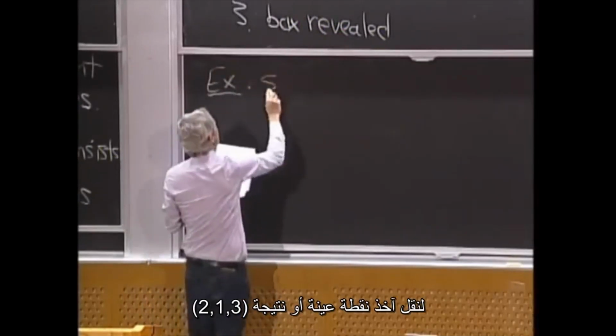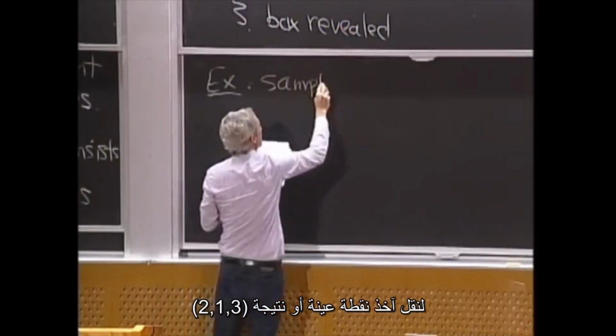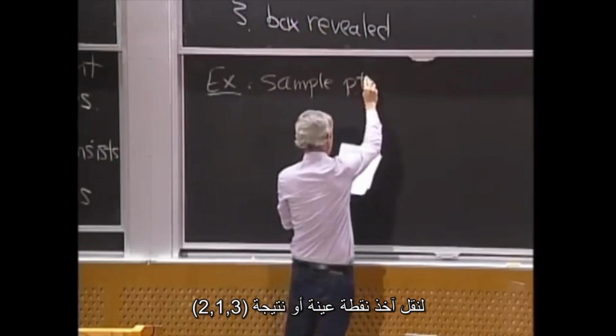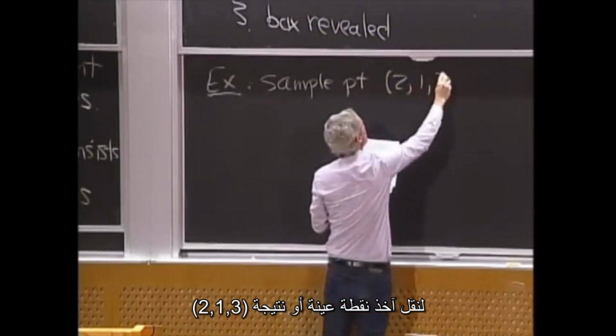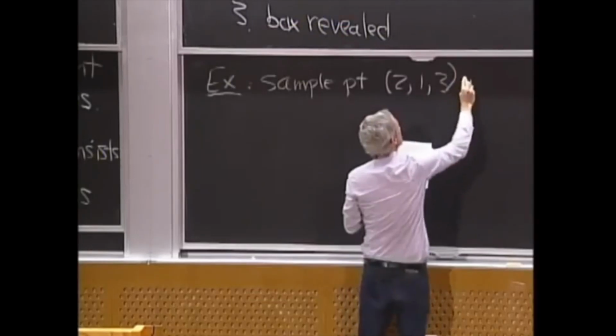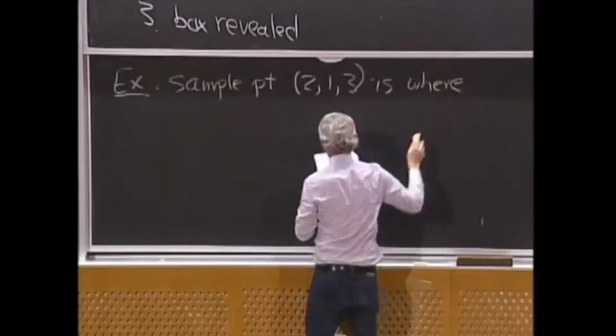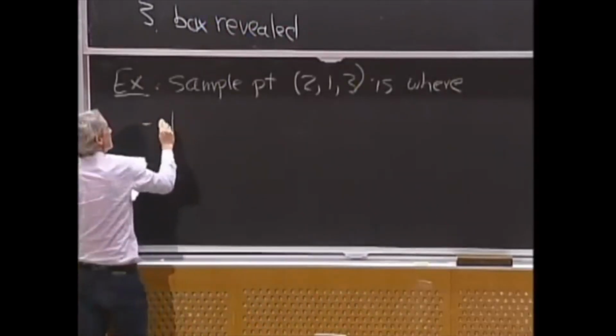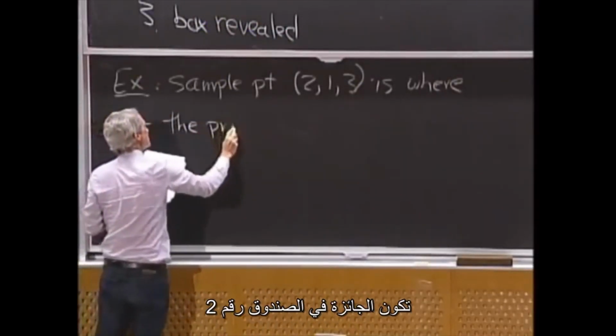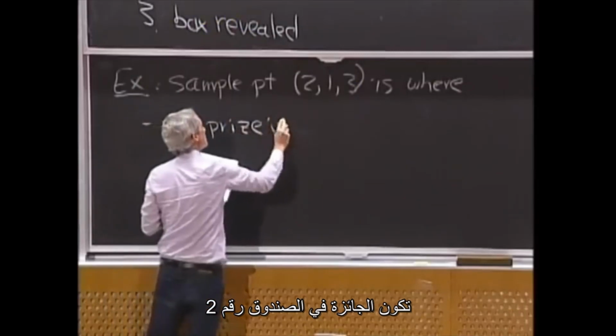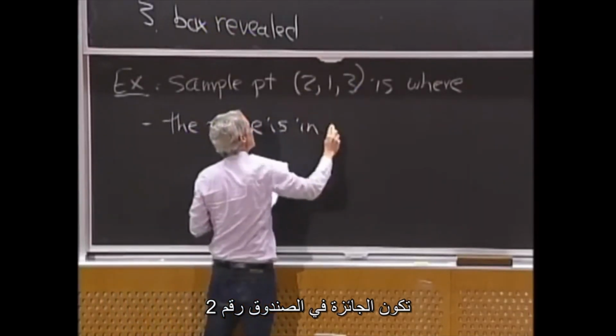For example, let's look at a typical sample point. Say I took sample point or outcome 2, 1, 3. This is the outcome where the prize is in box 2.